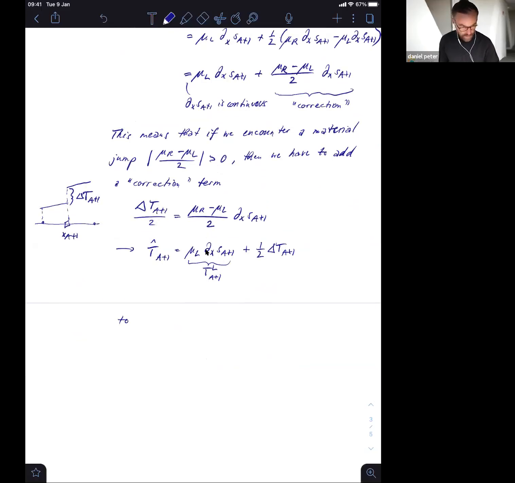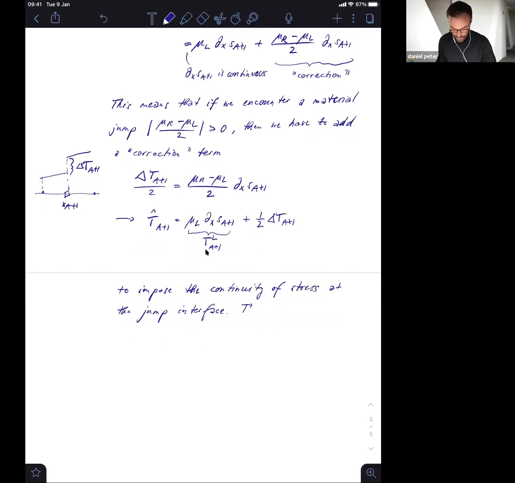So we have to impose this term to basically impose the continuity of stress at the jump interface. And then what you should see is that this will lead to the proper reflection.